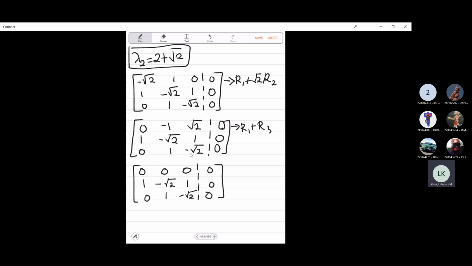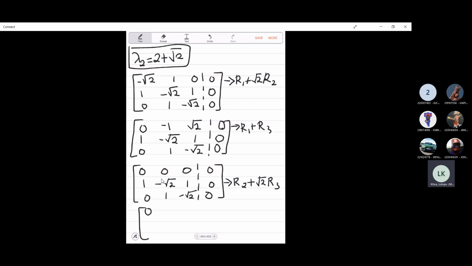Okay, then I can make this one here a 0. So this is row 2 plus the square root of 2 times row 3.